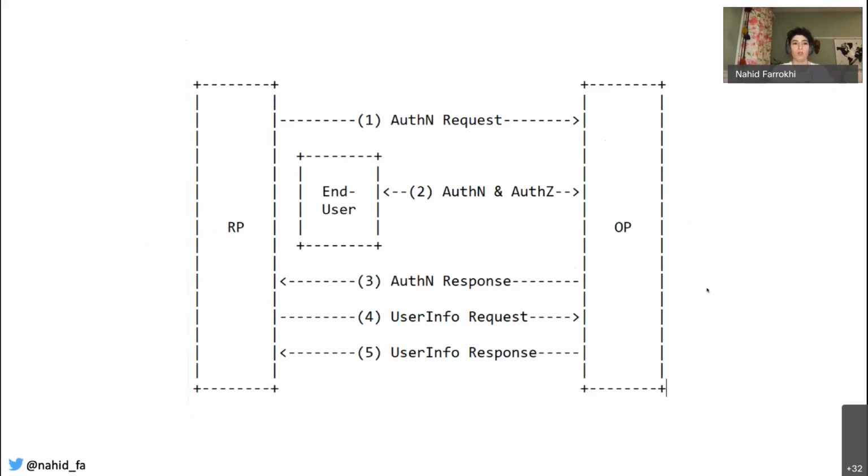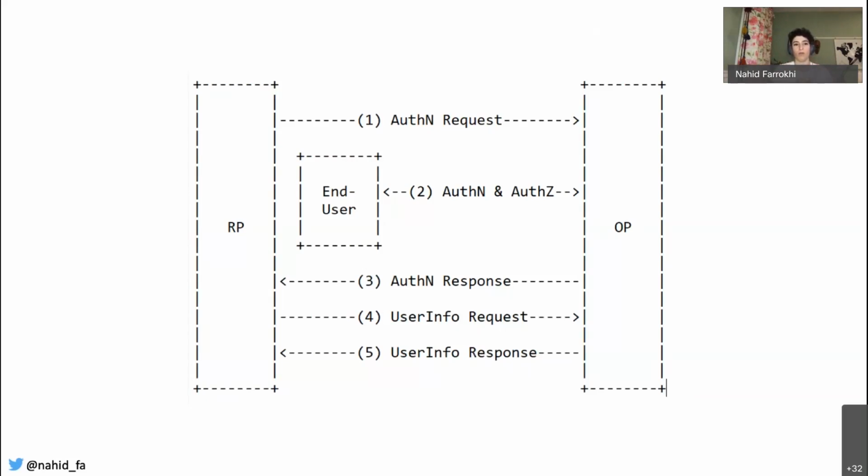At a high level, the relying party asks the OpenID provider for authentication, and then gets back an identity token, or eventually an access token, and also asks for the user info.